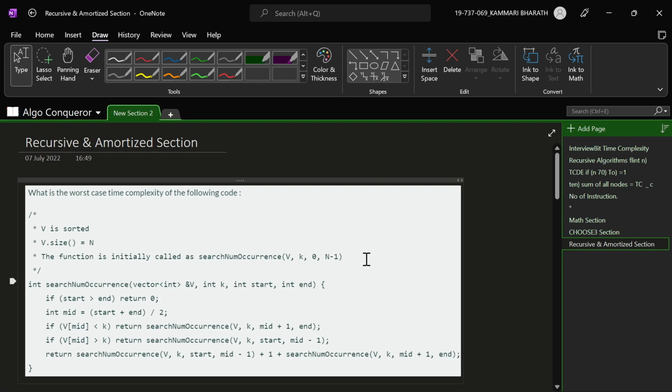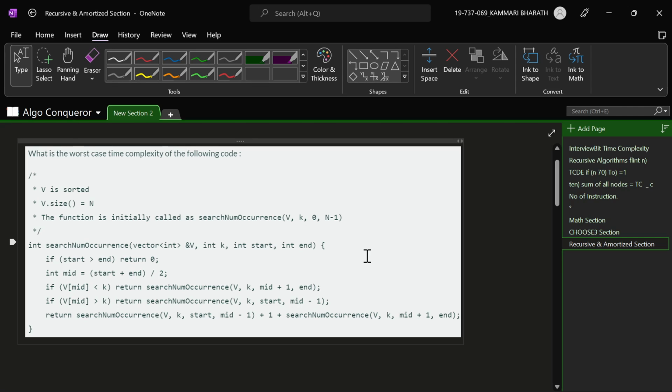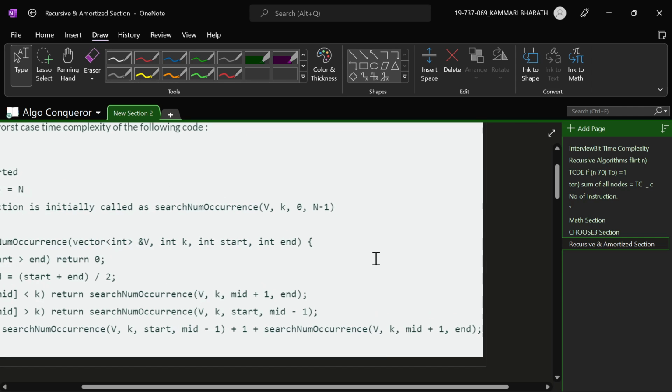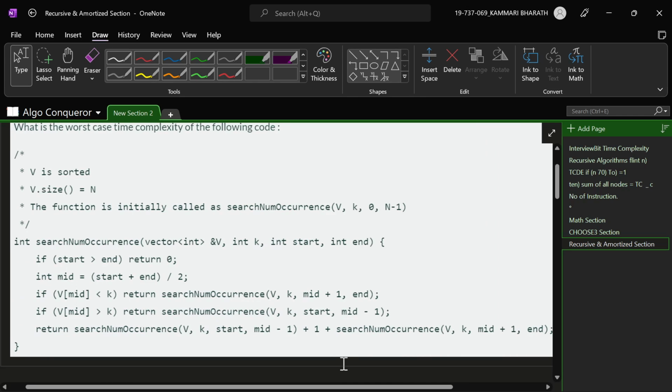Let's look at the first problem. Here, basically, we are given a recursive function. I have already taught you the theory of recurrence relations and how to solve them in my previous video. Please have a look at it once before watching this video.